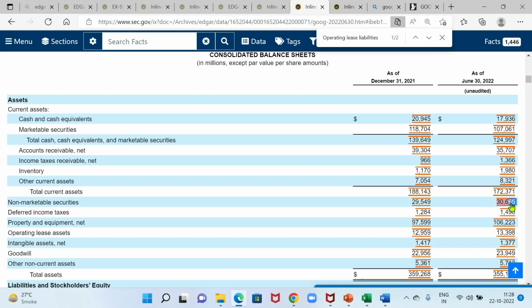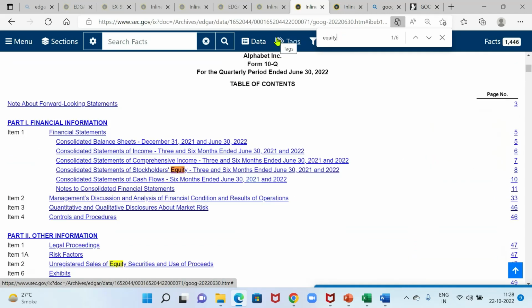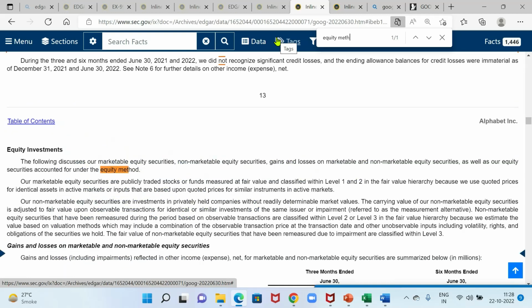Non-current है ये. बट हाँ हम एक चीज और कर सकते हैं, हम चेक कर सकते हैं इसके अंदर कोई इन्वेस्टमेंट्स तो नहीं, अर्निंग्स नहीं है. इक्विटी मेथड, इक्विटी इन्वेस्टमेंट्स आ गया.